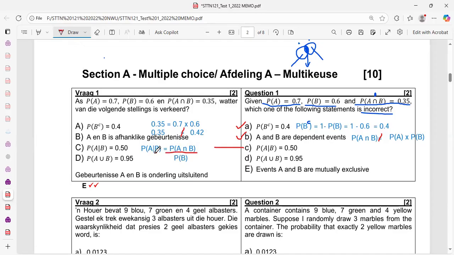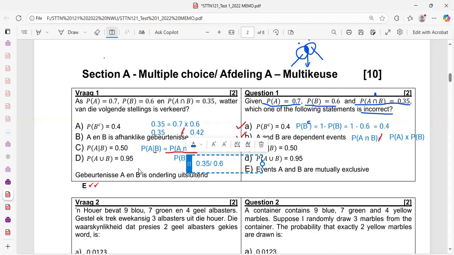Now we substitute, because we already have the intersection, which is 0.35, divided by the probability of B, which is 0.6. 0.35 divided by 0.6 is 0.583.